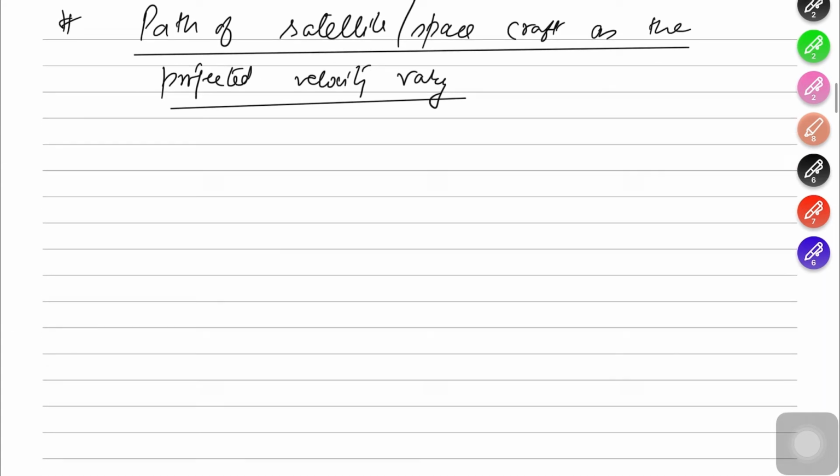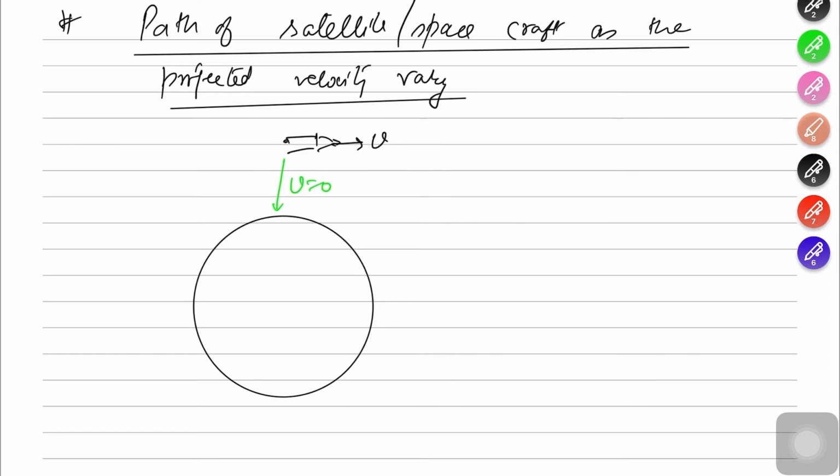So suppose this is Earth, and from some height h we are projecting any spacecraft or satellite with velocity v. Now if v is 0, so what happens? It will fall down. And if v is equal to v naught, it will follow a circular path.